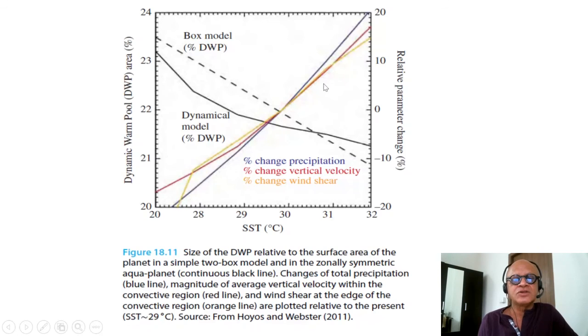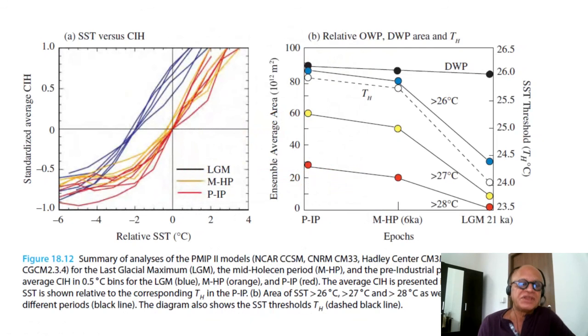So that also has to be kept in mind as a response. Okay, so this is the box model and this is the dynamic model here, and the results are almost the same, in the sense of a relatively small change in the dynamic warm pool when the SST warm pool increases.